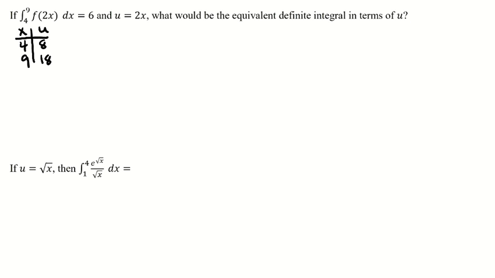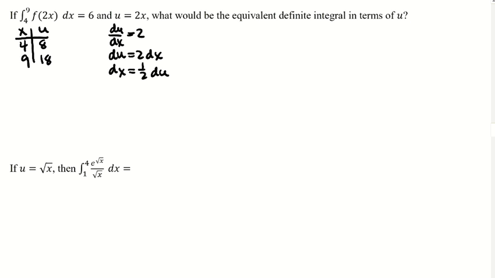So now what I'm going to do is say, well, u equals 2x means du dx equals 2, and then du equals 2 dx, and dx is half of du.